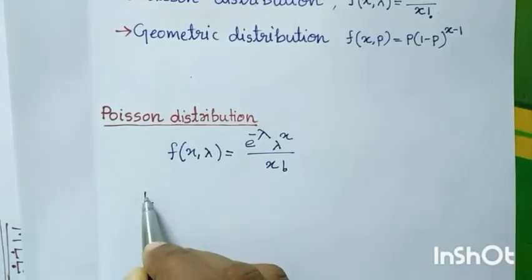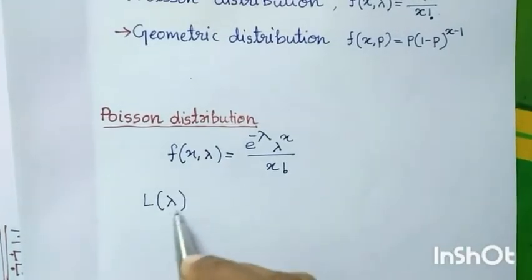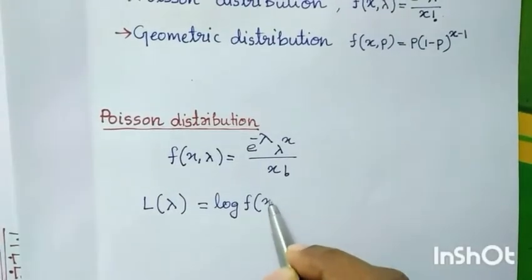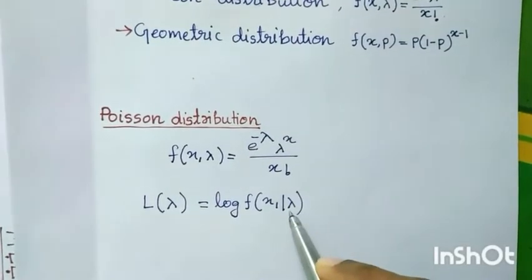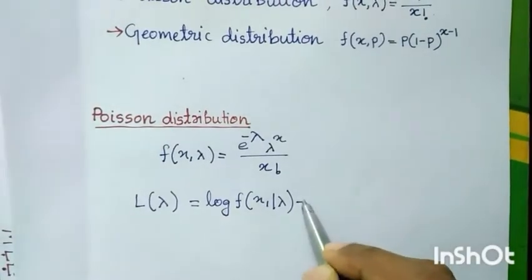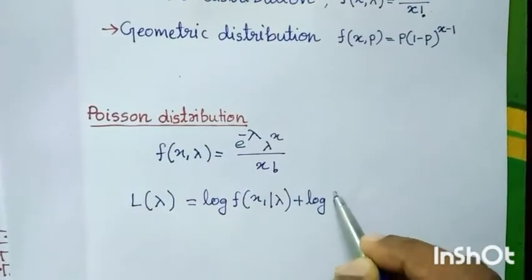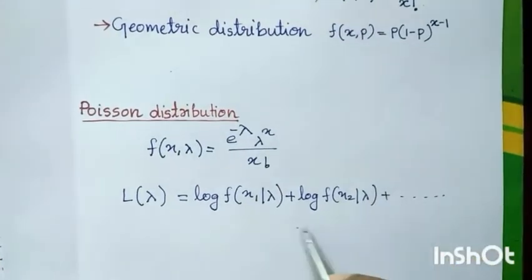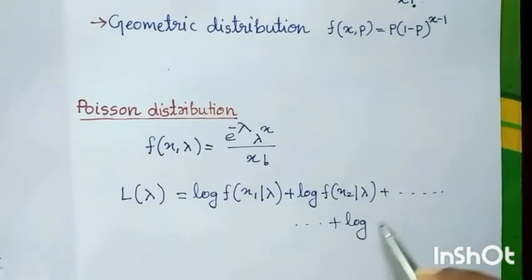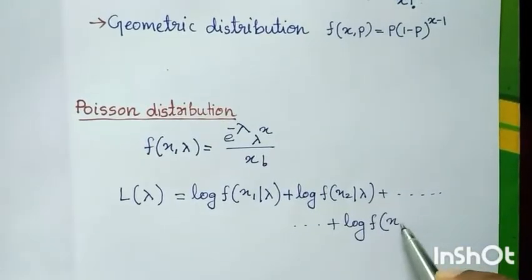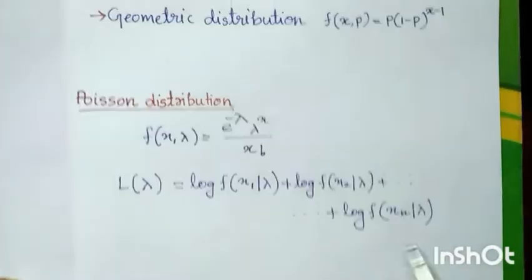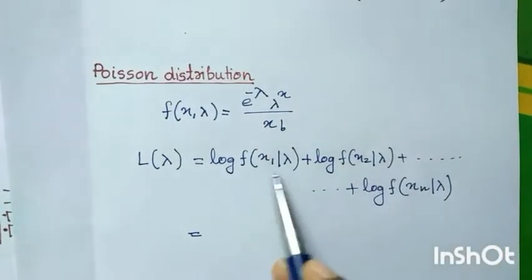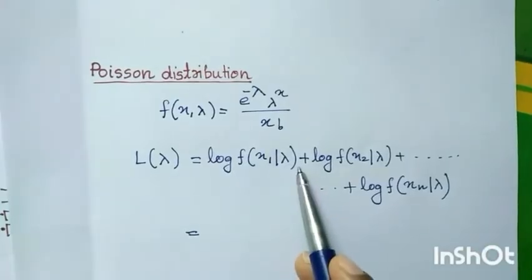So the log likelihood function capital L of lambda is equal to log f of x1 given lambda, plus log f of x2 given lambda, plus etc., plus log f of xn given lambda. Now you have to put the given probability distribution function in place of f of x given lambda.